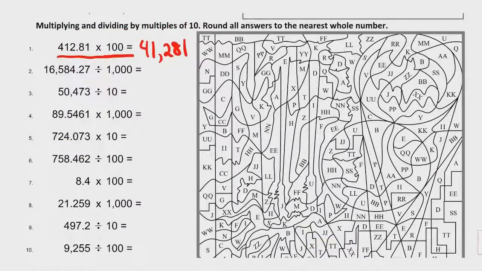Let's move on to problem number 2. Problem number 2 says 16,584 and 27 hundredths divided by 1,000. So this time we're dividing, not multiplying, which means we're going to make the numbers smaller. So let's move over to our little piece of paper here.